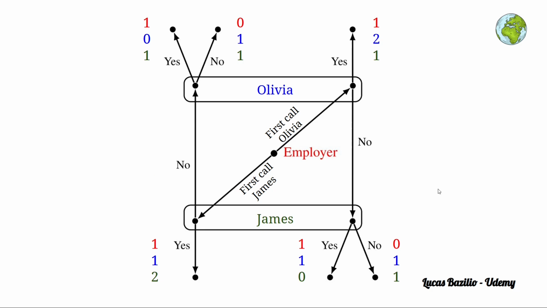James, just like Olivia, cannot distinguish between these two situations when making his decision, because the employer hides this information to maintain fairness or to avoid influencing their choices. So, in both cases, the players are uncertain about the history of the game when it is their turn to move. This is precisely what creates imperfect information.